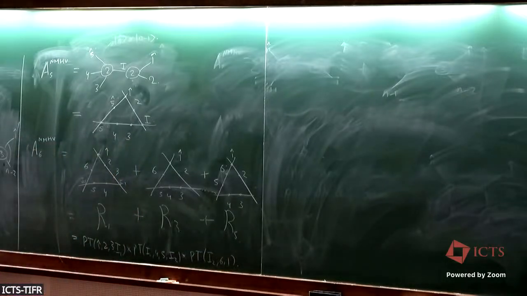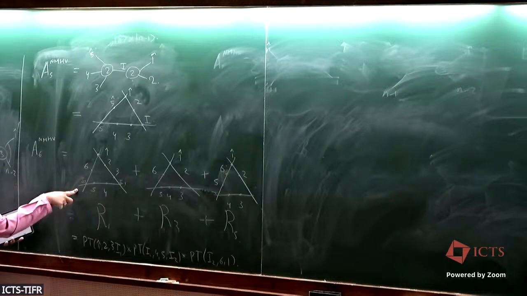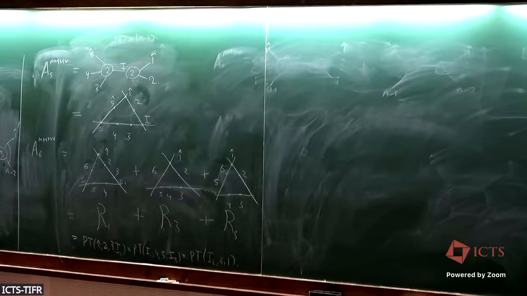So all I did was read off from this picture that this has to happen. And these are the only ways in which I can draw these. So hopefully that gives you some idea of how to do this.